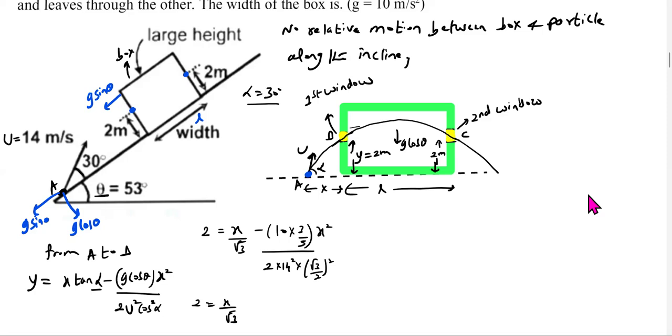So this will become 2x by root 3 minus 6x square over 2 times 14 square. 14 square is 196. 196 into 3, the 2 cancels, 196 by 2 is 98, into 3 is 294. 6 divided by 294 is 1 by 49.